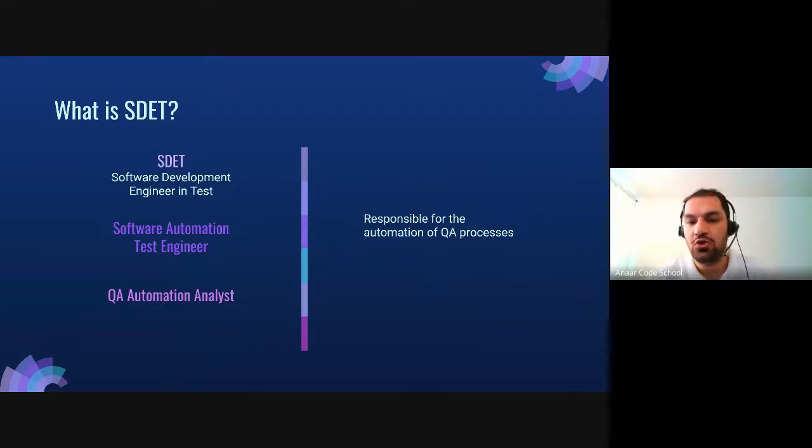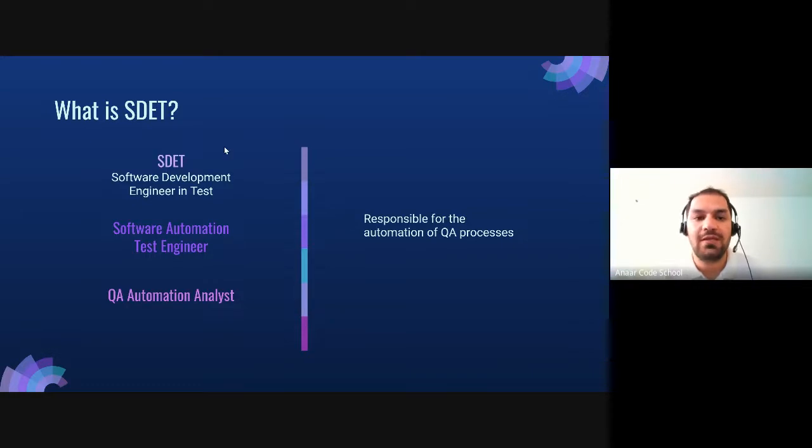When you go onto job portals, let's say LinkedIn, or Glassdoor or ZipRecruiter, which are other job portals, you might also see job postings talking about software automation test engineer, or they might post about QA automation analyst. You might also see Selenium test engineer or stuff like this. These are all different keywords for the same profile. So basically, all of these people are doing the same job.